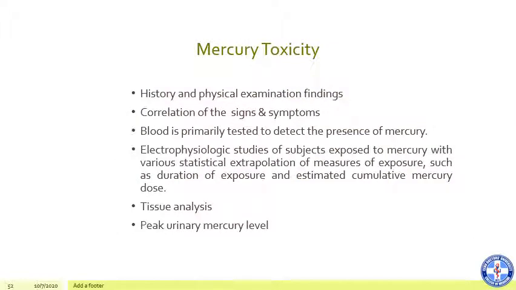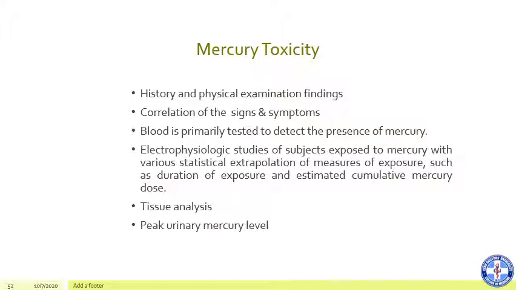How do we know that we are already encountering mercury toxicity? By history and physical examination findings, and correlations of the signs and symptoms. Blood is the primary test to detect the presence of mercury, but the amount present will decrease by half about every 3 days as the mercury moves into organs such as the brain and kidneys.